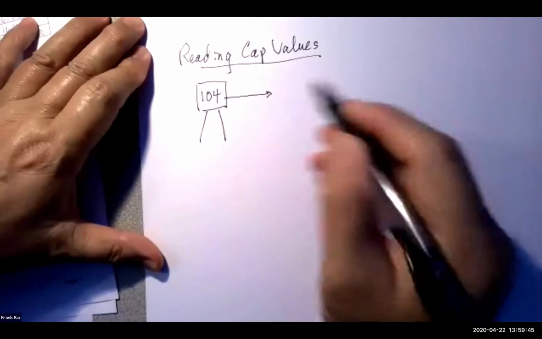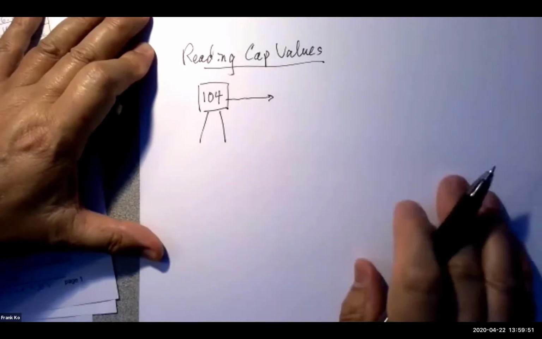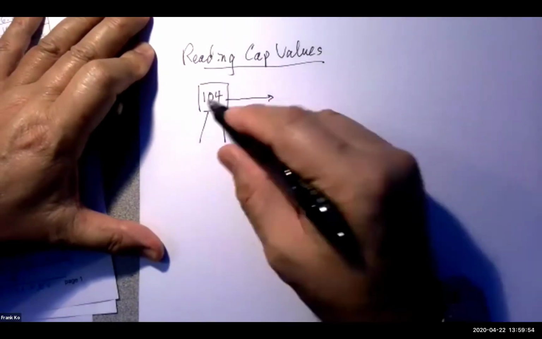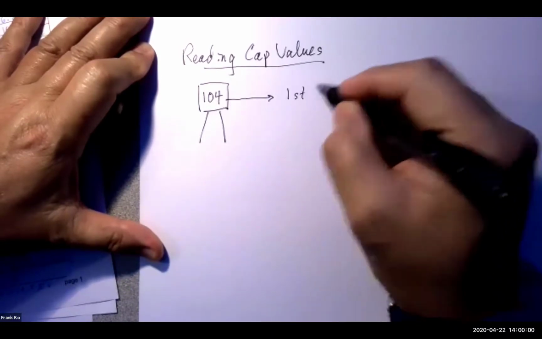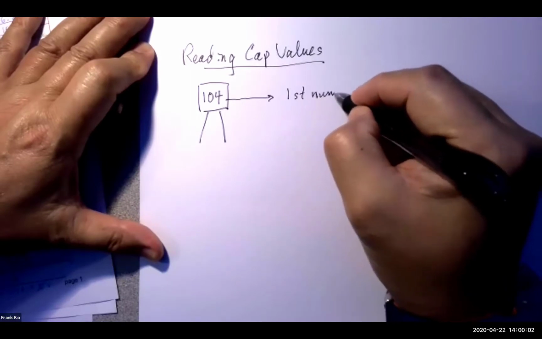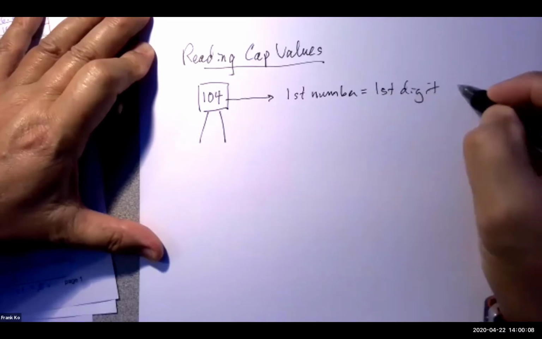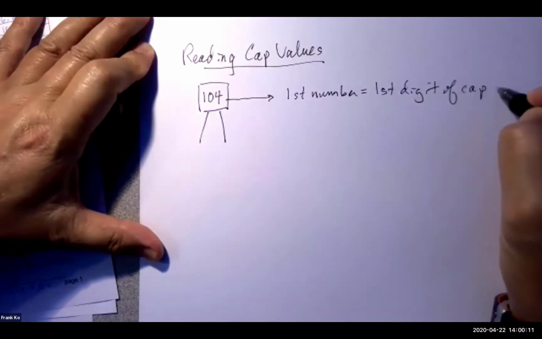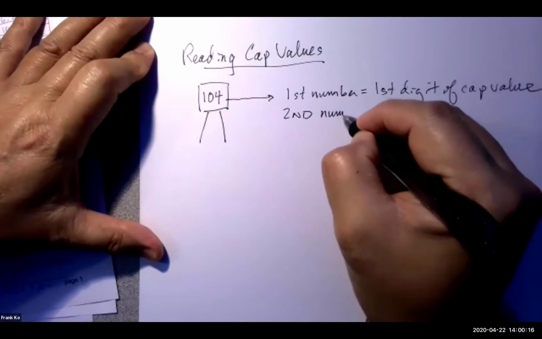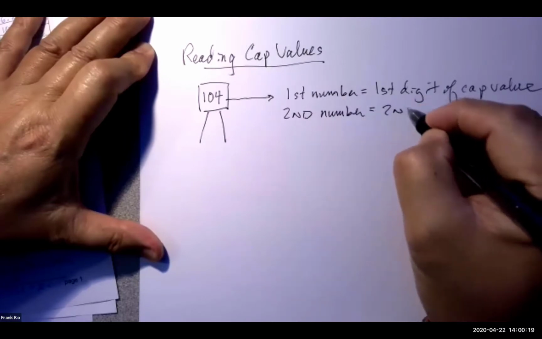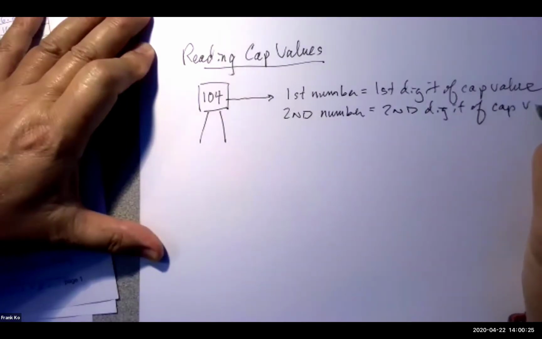So when you see these three numbers, it's very easy. There's a method by which you are able to determine the capacitor value. First number equals first digit of cap value. Second number equals second digit of cap value.